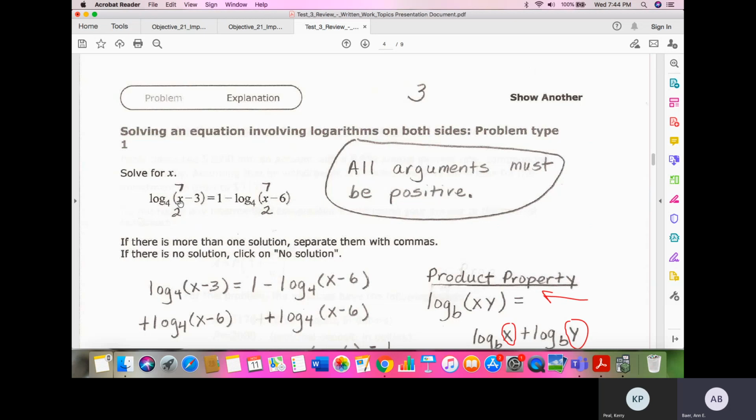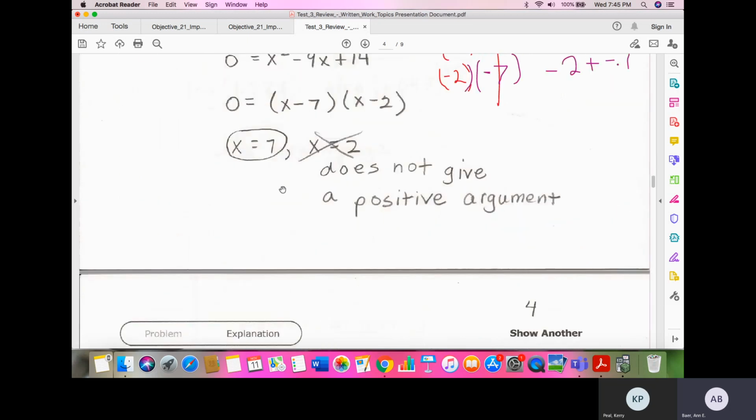So we get 7 minus 3, which is 4, which is positive. That's good. That means it still has the potential of being a solution. We want our arguments to be positive. Our argument is x minus 3, and in this case, it's 7 minus 3, which is 4, and that is indeed positive. Over here in this other argument, we put in 7 for x, and we get 7 minus 6, which is 1, which is also positive.